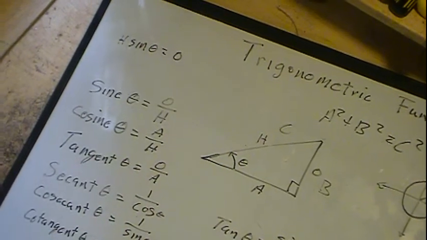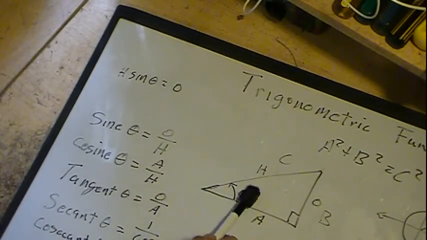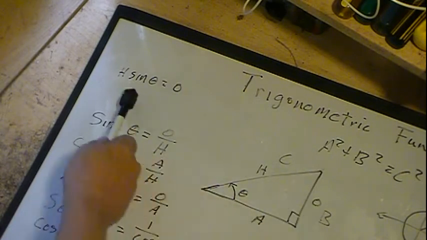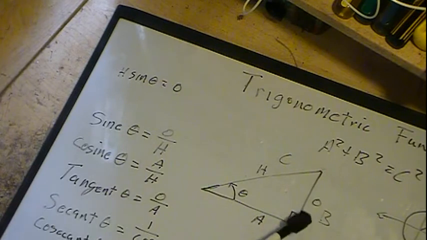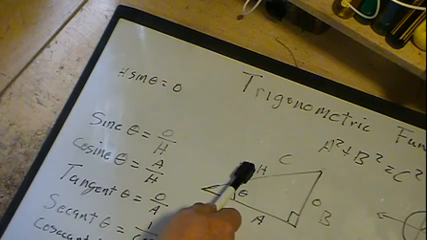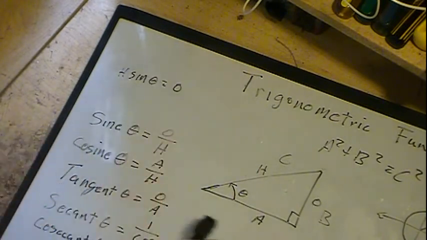If you know this and you got the angle, you can find this by simply rearranging the formula. You can also rearrange it where if you know this, you can find this. So however you rearrange it, you can find one of the two sides.